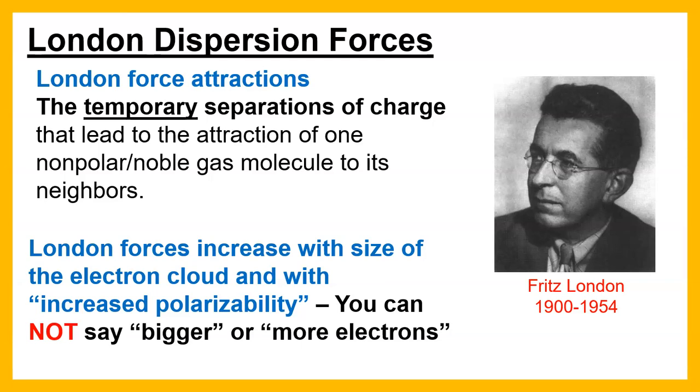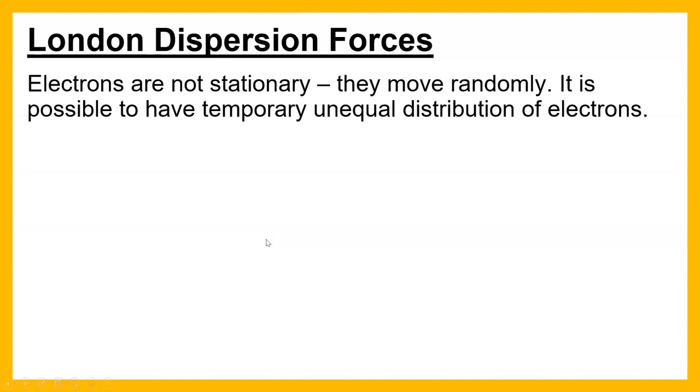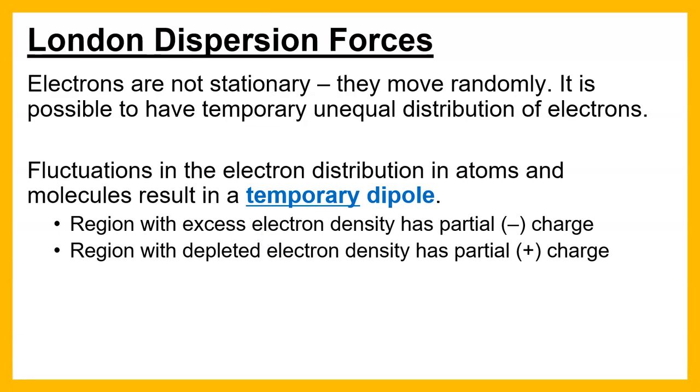But they want that fancy language in AP Chem FRQs. The reason London dispersion forces happen is because those electrons are not locked in place, are they? They're moving around randomly. And if they're moving around, it is possible for them to end up unequally distributed. Make sure you talk about them being weak and temporary.